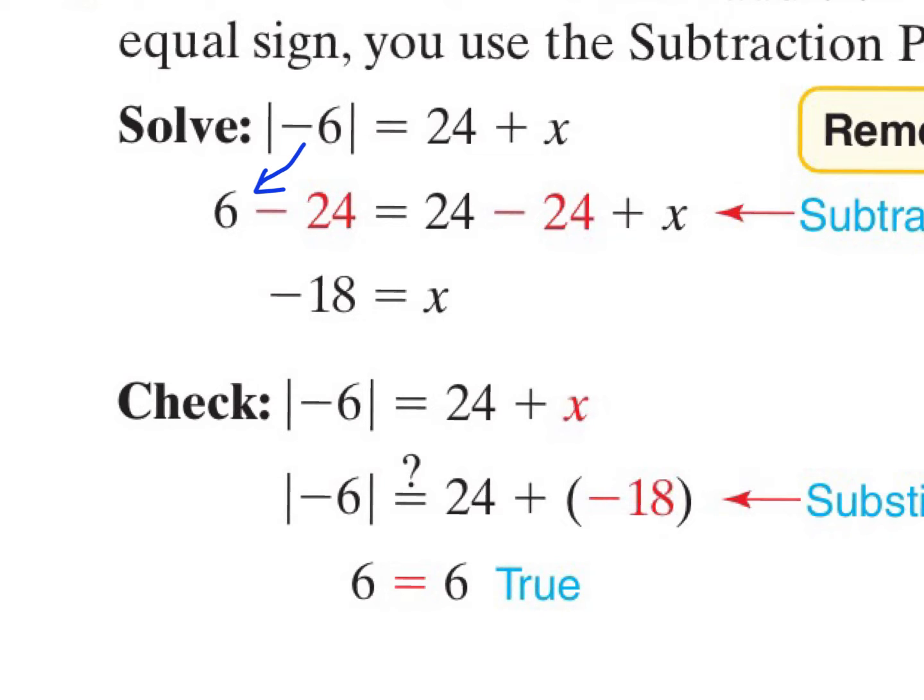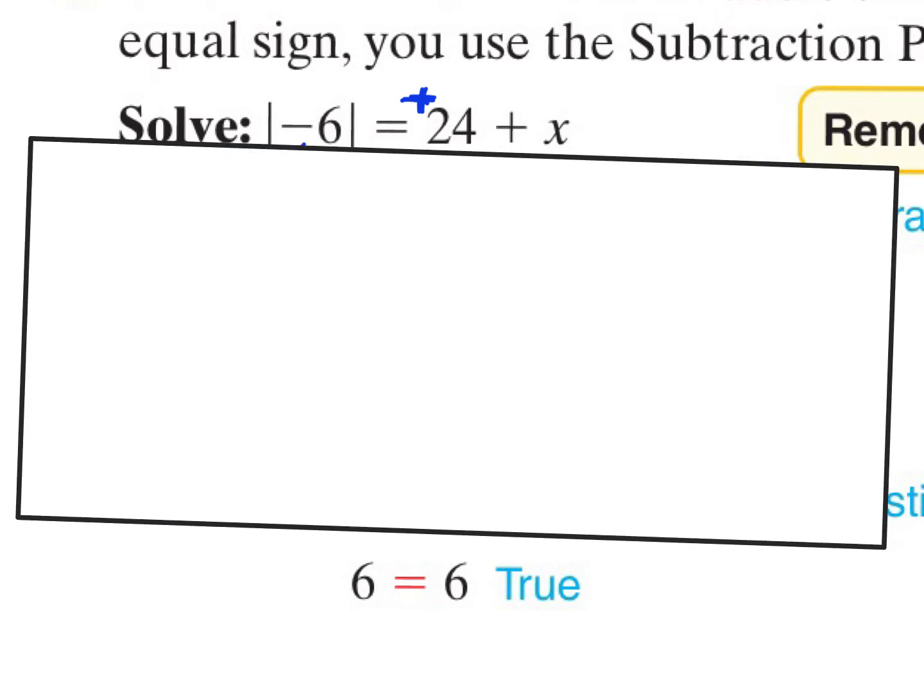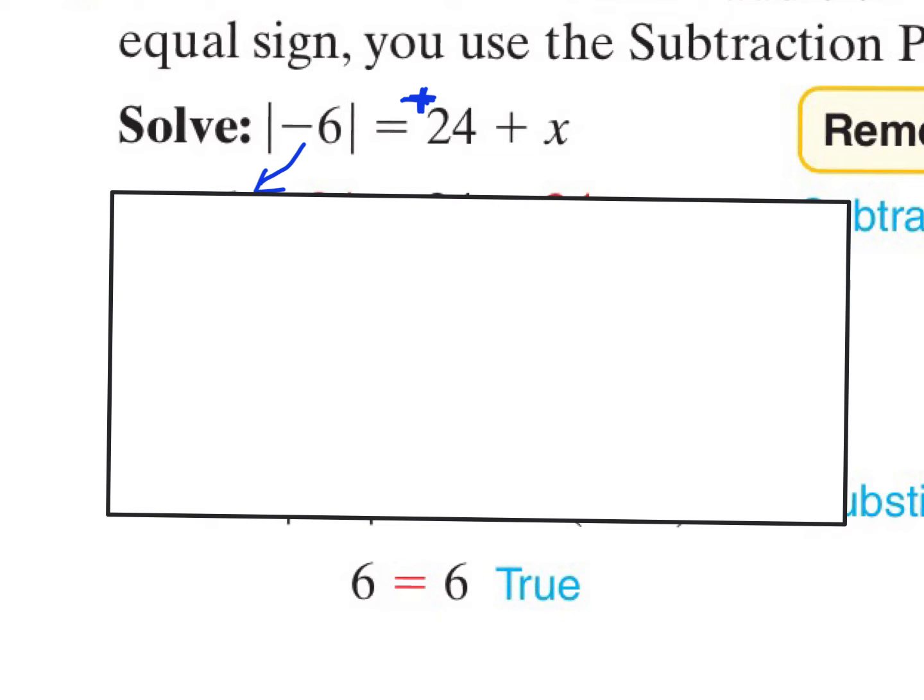And then if you look over with the variable, they're adding 24. Also, there's not a sign to the left of this. We know that would mean that that's a +24. So to get rid of that, we would need to subtract 24. So probably I would have just rewritten the problem before I got going and done the absolute value first.